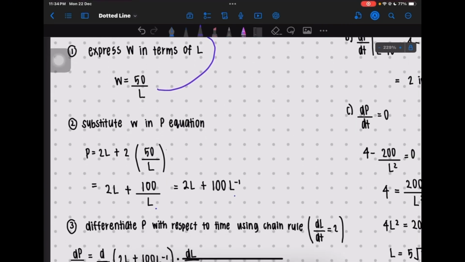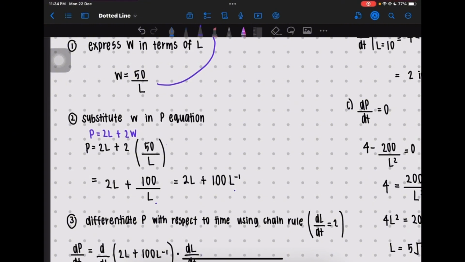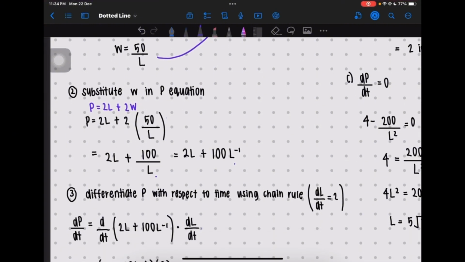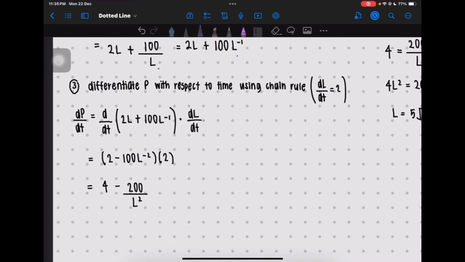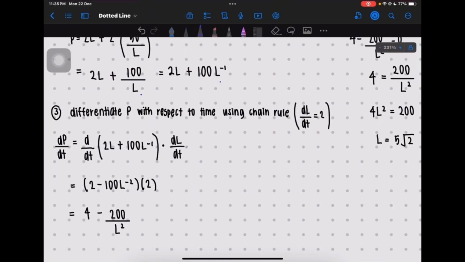Next, we have to substitute W into the P equation. From P = 2L + 2W, substituting W in that equation, we will get P = 2L + 100 L^-1, or 2L + 100/L. Next, we will differentiate P with respect to time using the chain rule.